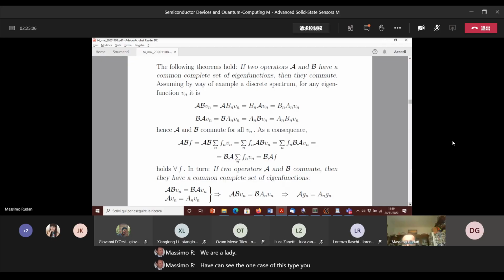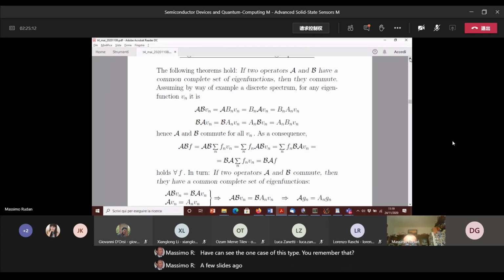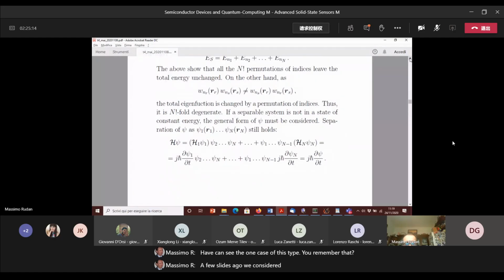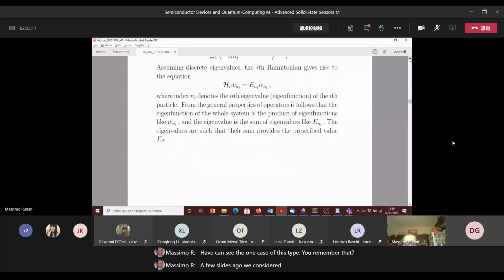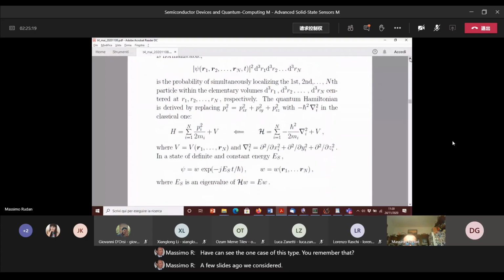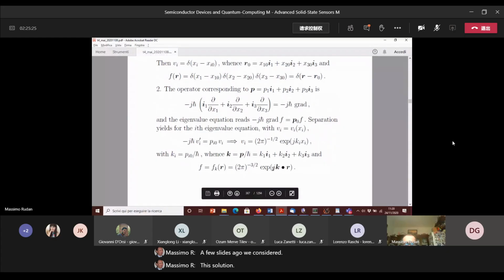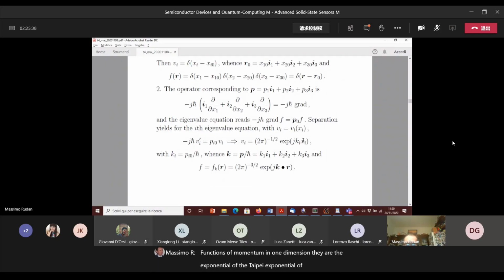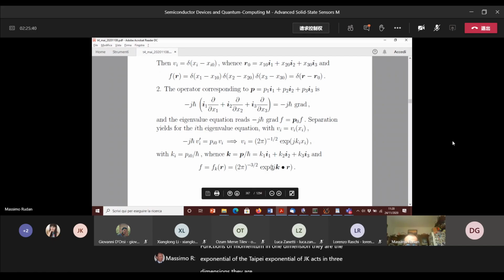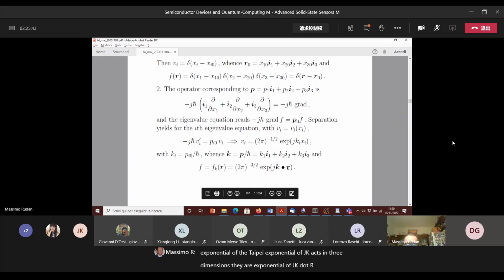You remember that a few slides ago we considered the solution for momentum. You remember that we found the functions of momentum in one dimension. They are the exponential of the type A exponential of jkx. In three dimensions, they are exponential of jk dot r.